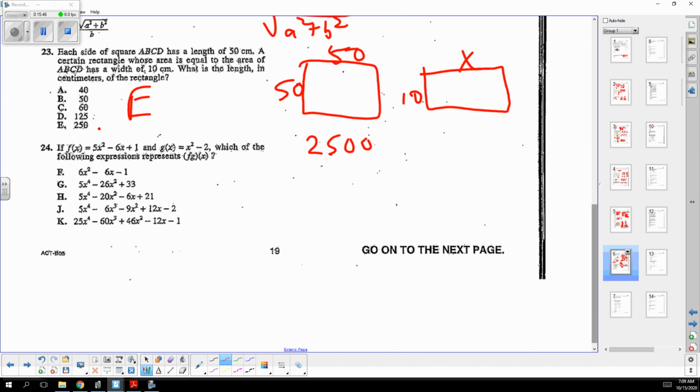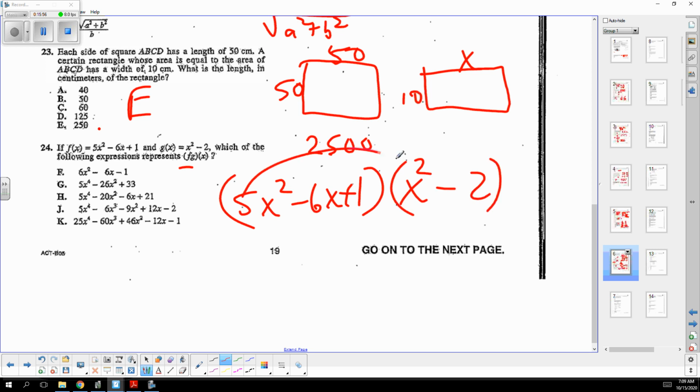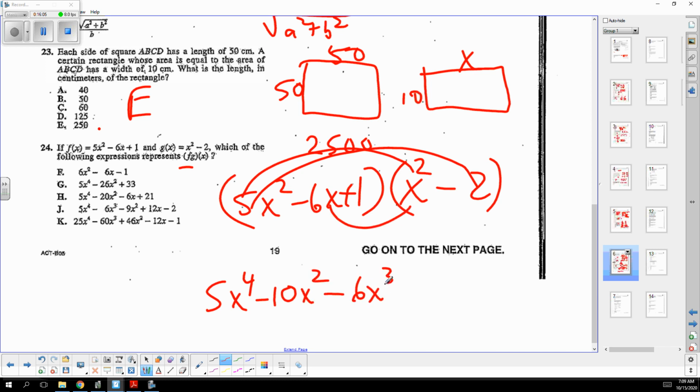24 confuses. FG is not composition, it's multiplication. So what you have is a giant FOIL. You get 5x to the fourth minus 10x squared minus 6x cubed plus 12x plus x squared minus 2.